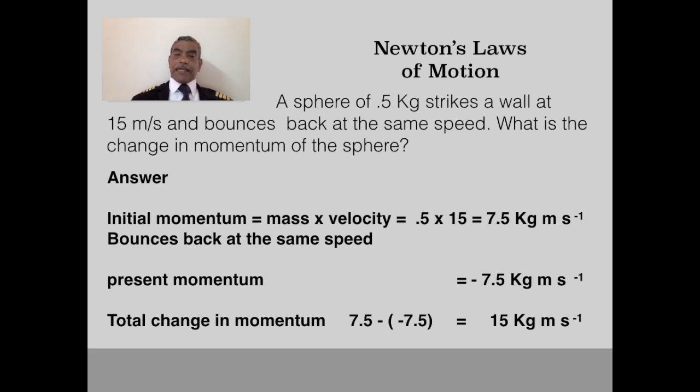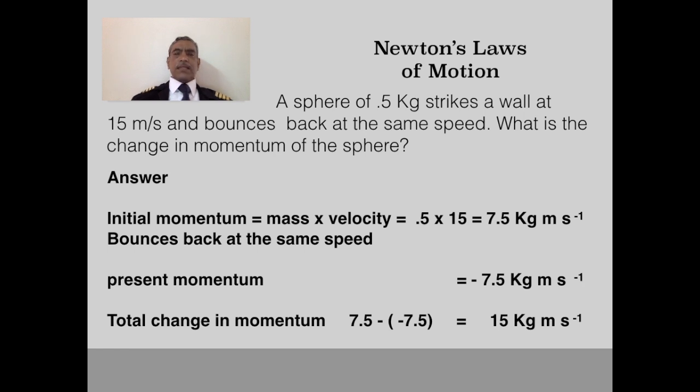So the present momentum, that means in the reverse direction, will be the same, 0.5 into 15, which is 7.5 kg meter per second, but in the opposite direction. When you want to calculate the total change, A minus B, there is a total change in momentum of 15 kg meter per second.